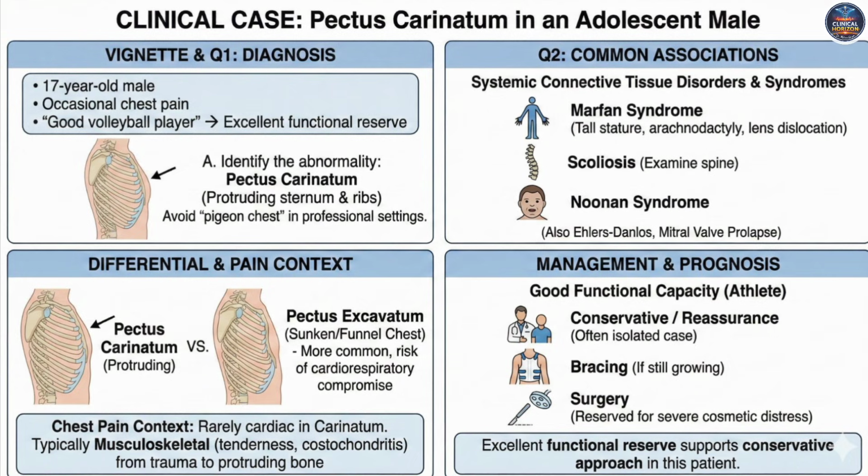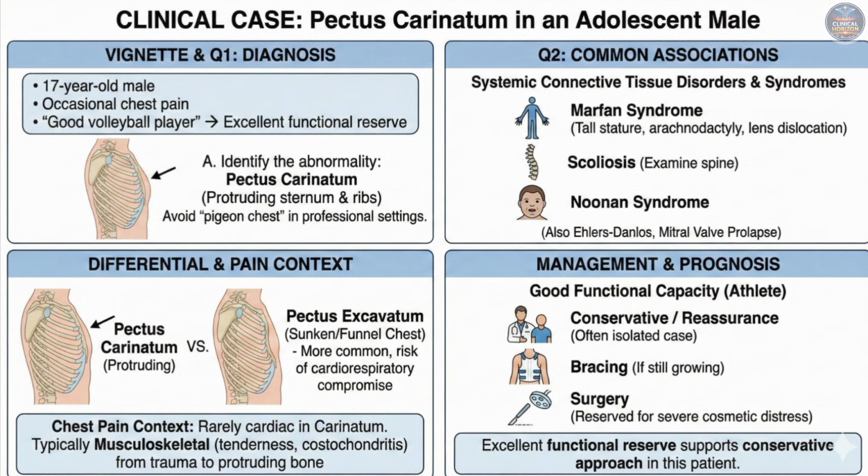Always look for tall stature, arachnodactyly, that means long fingers, and lens dislocation. Then scoliosis. Spinal deformities coexist frequently with chest wall deformities. You should always examine the spine in these patients.